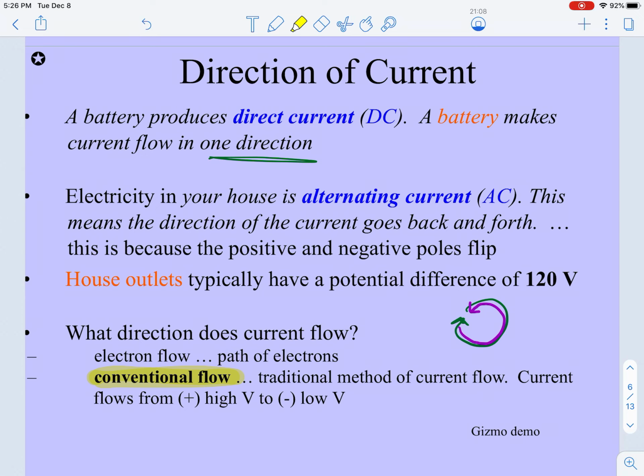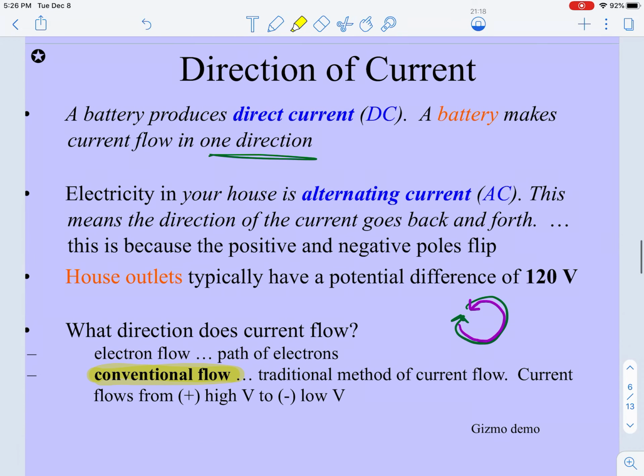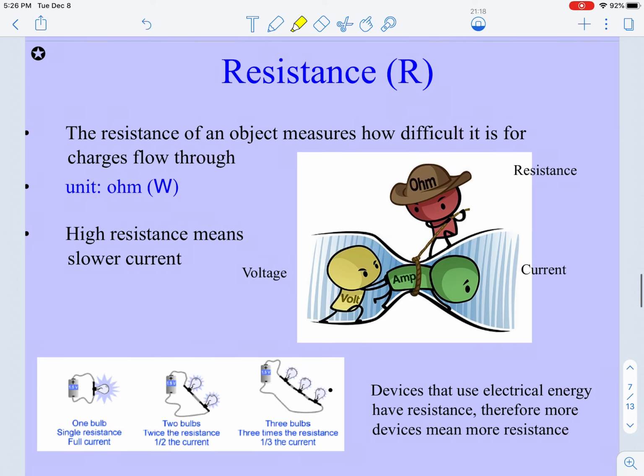And so conventional flow says that our electric current is going to flow from the positive or high voltage end of our voltage source to the negative or low voltage end of our voltage source. Okay, so when we start talking about our circuits in more detail in the future, that's the method. This is the thought process we're going to follow.